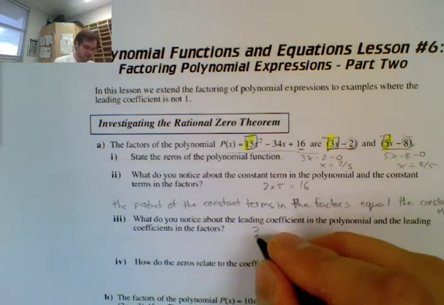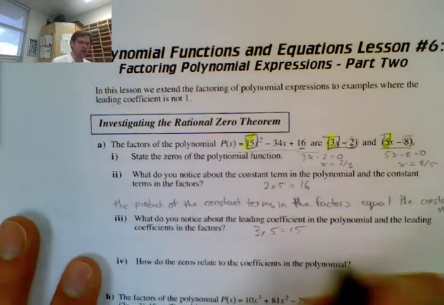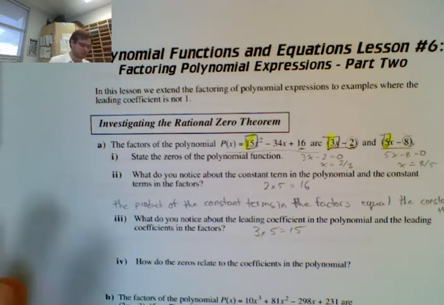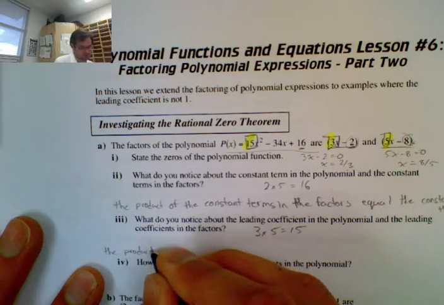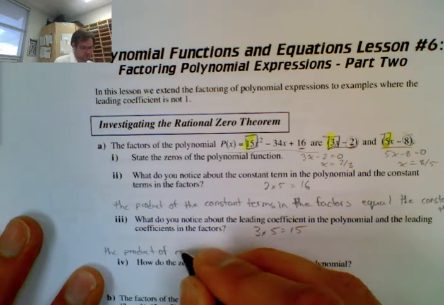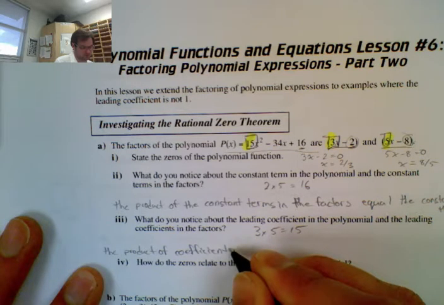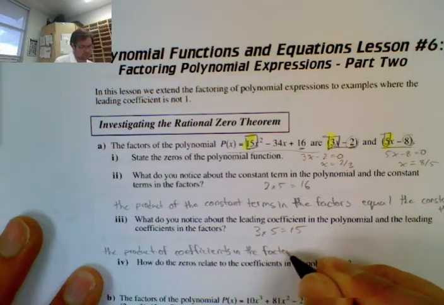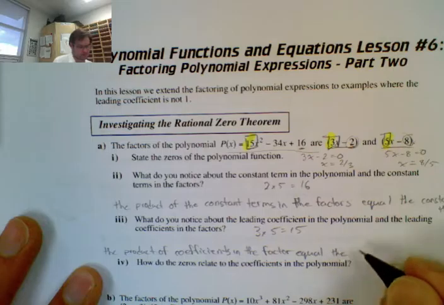So in this case, the product of the coefficients of my factors gives me the leading coefficient of my polynomial.